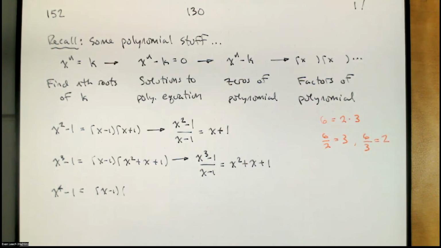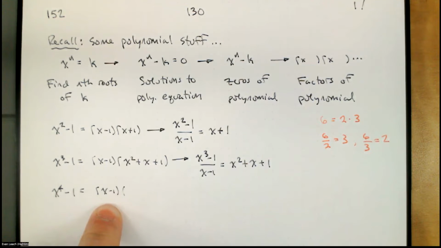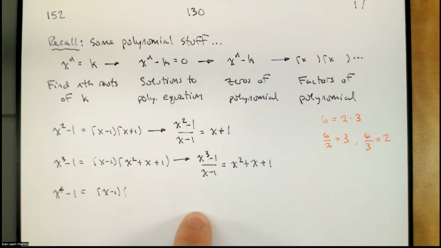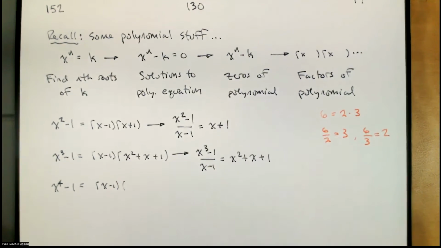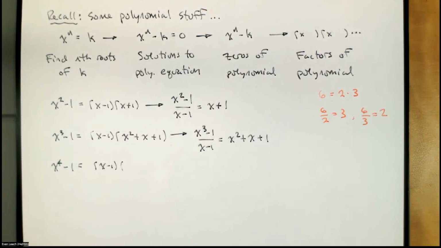So you might want to speculate as to what's going on if I have x to the 4th minus 1. If we believe that there's a factor of x minus 1, we try to figure out what's left over. We could get there by doing division. And if you thought I was going to pass up an opportunity to do a long division of polynomial problem in trig class, then you just haven't been paying attention to what I do in class.